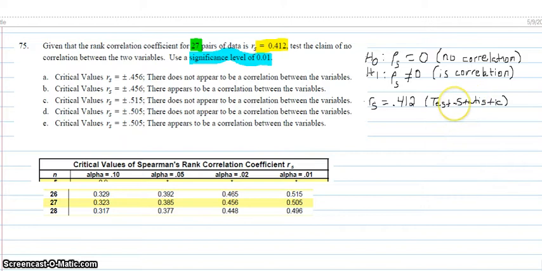Because N is less than 30, we're going to use table A9, the critical value of Spearman's rank correlation coefficient, to find the critical value. So we know that N equals 27. So we're going to use the table. I have the table below here for us. N is 27, so we're looking at the area highlighted in yellow.